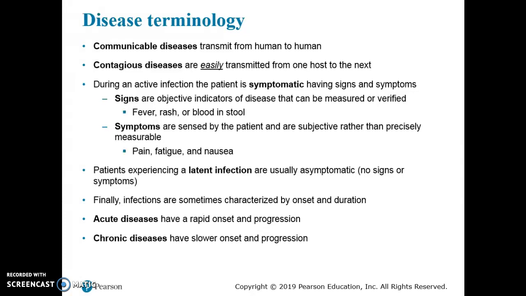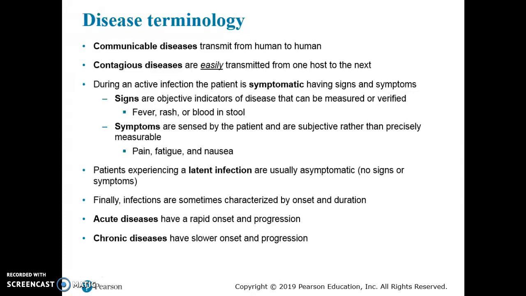Patients experiencing a latent infection are usually asymptomatic, where the virus, primarily virus, has gone into hiding and isn't actively causing disease. And then acute diseases are those that have a rapid onset and progression. If you get influenza, typically you feel fine, the next day you kind of feel lousy, and by the end of the day you are sick, a rapid onset there.